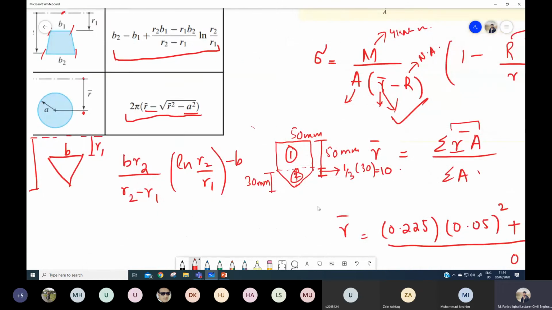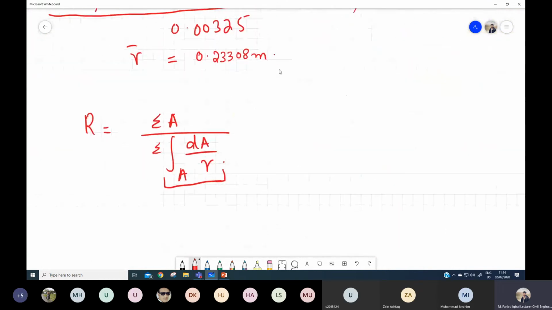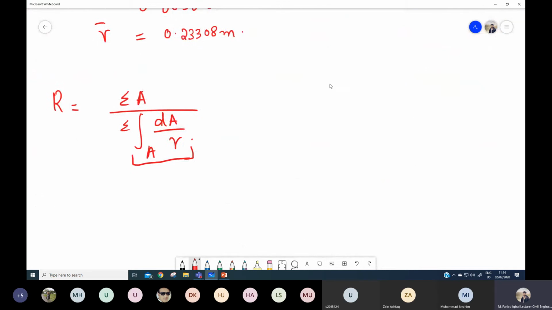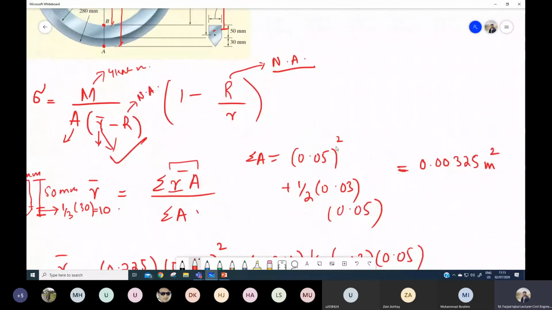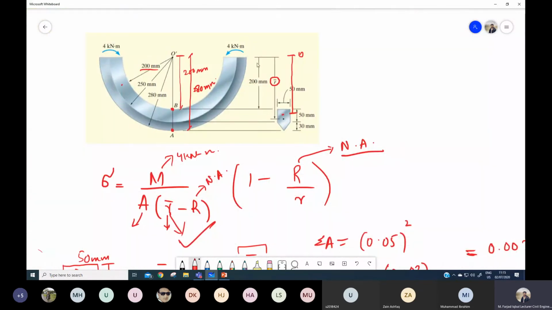So we will divide our cross section into two areas, calculate this integral separately and then just add them. For the first shape, we have this rectangle that is 50 millimeter, and the width is also 50 millimeter. If this is the center of curvature, what will be the R1 distance? If I look at this figure again, R1 is the distance from the center of curvature to the top of the shape, that is 200 millimeter.